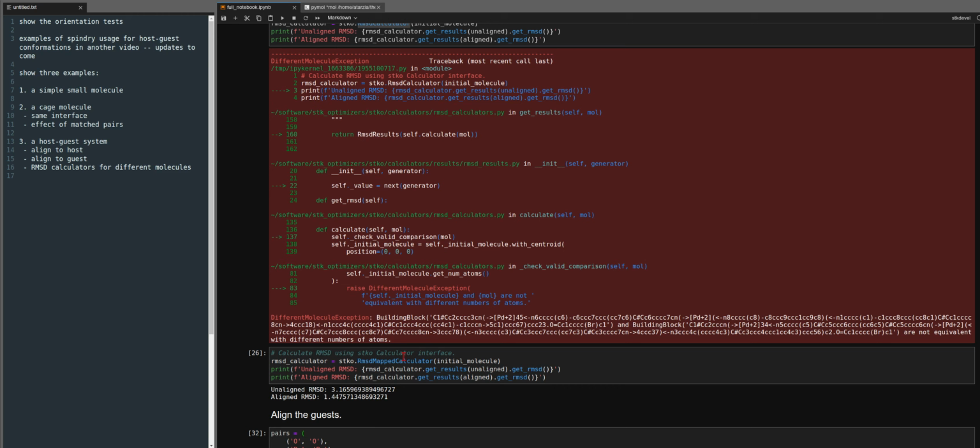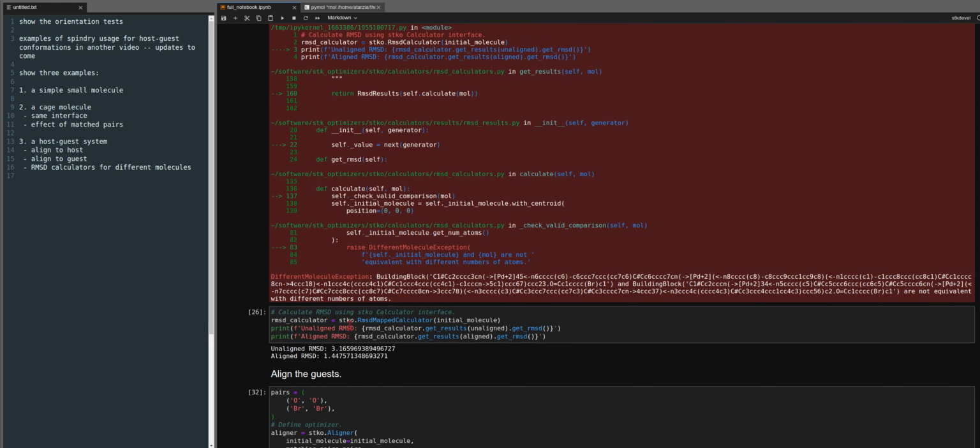And this means you can calculate an RMSD of distinct molecules or molecules with different atom ID orderings and so forth. However, it also does mean that if you have very unaligned molecules, this number is probably meaningless. But once they're aligned and the atoms are actually close, it should have some meaning.